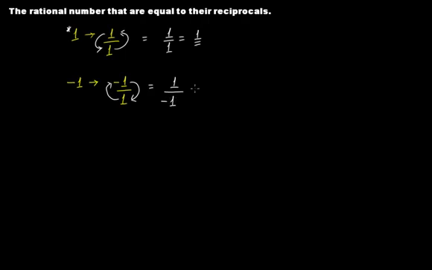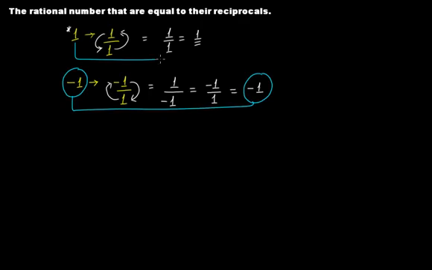Now we know that this can be written as -1 over 1. It means it's coming back as -1 only. So we reached the position from where we started, right? So this is same and this is also same. So 1 and -1 are the rational numbers that are equal to their reciprocals.